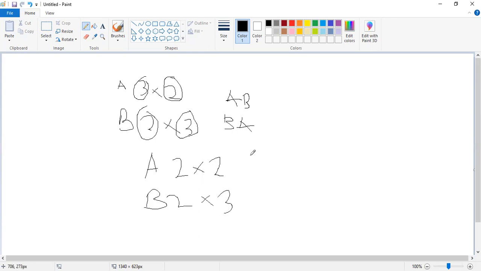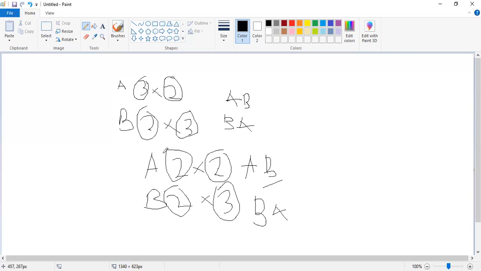So when we say AB, let's see if it can work. The number of columns of A is the same as the number of rows of B, so it means it can work. What about BA? The number of columns of B is 3, the number of rows of A is 2, which means this cannot hold. You get it?